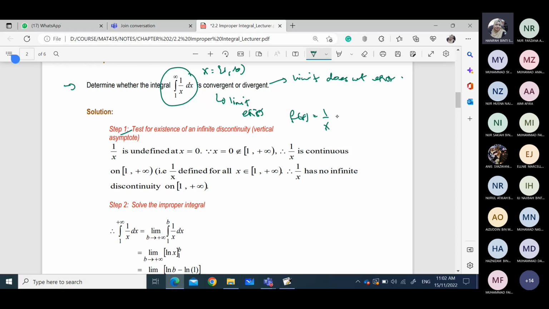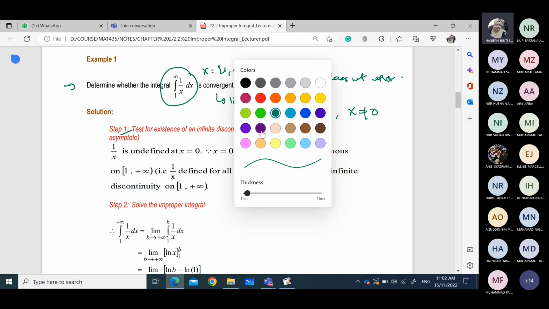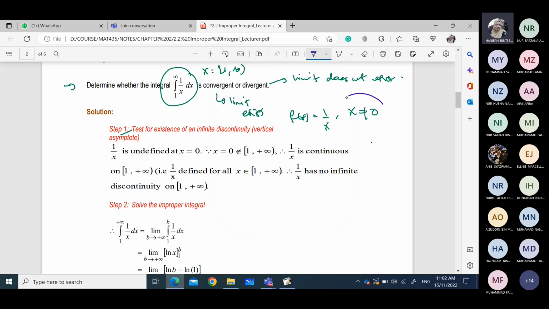Since x is in the denominator, x cannot be equal to 0. x can be any number except 0. It cannot be zero, because if it is zero, this function is undefined. This is what causes the discontinuity. This function is discontinuous at x equals 0.